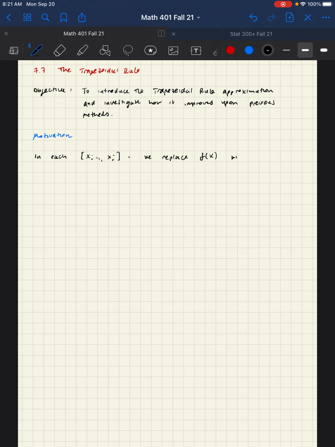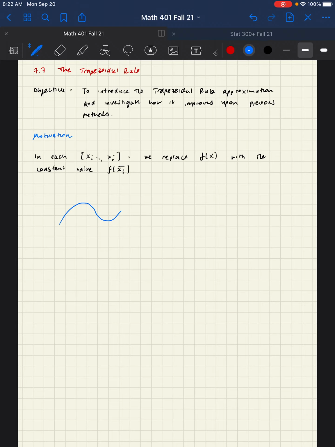So it could be very curvy, it could be relatively flat, it could be only going up, only going down, etc. With the constant value f of x sub i bar.